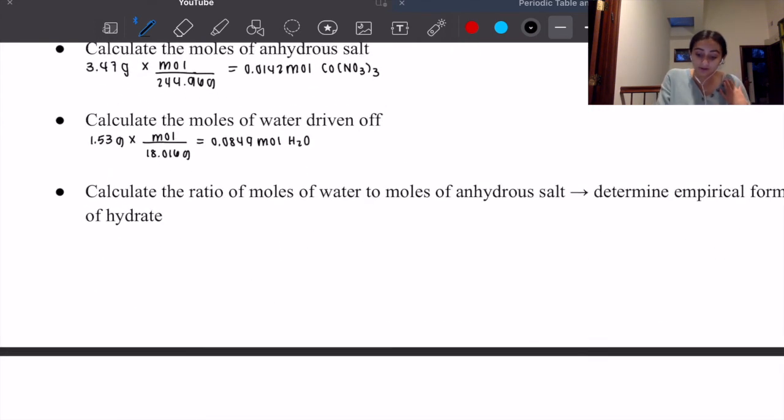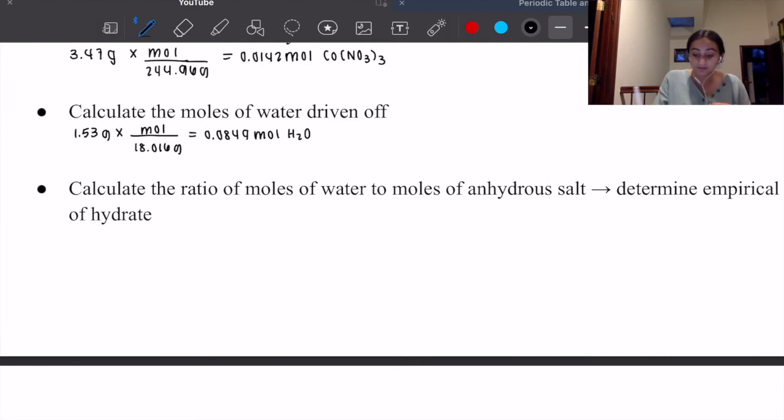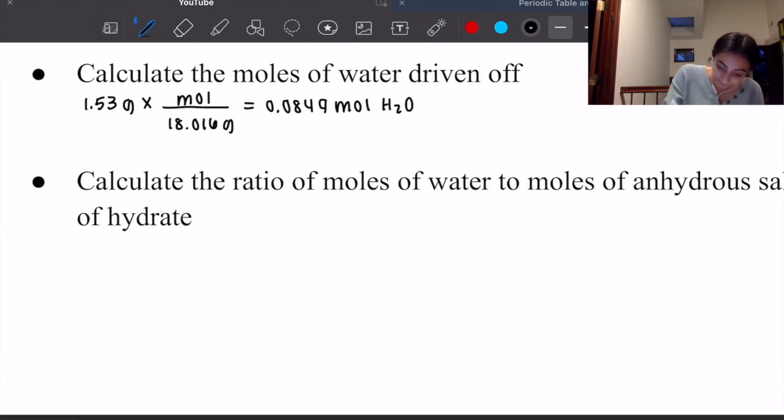And finally, we are going to calculate the ratio of moles of water to moles of anhydrous salt. And that is going to help us determine the empirical formula. So if we divide 0.0849 moles over 0.0142 moles, we get 6.